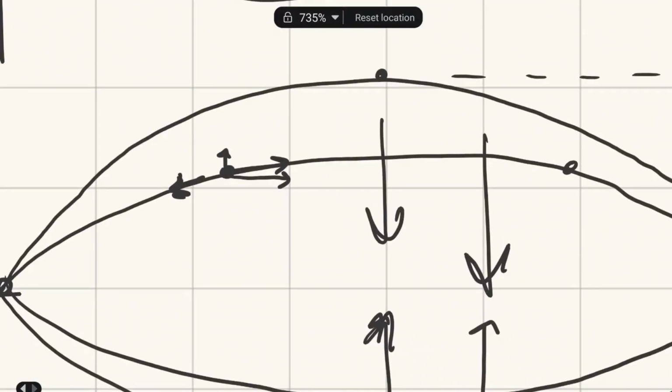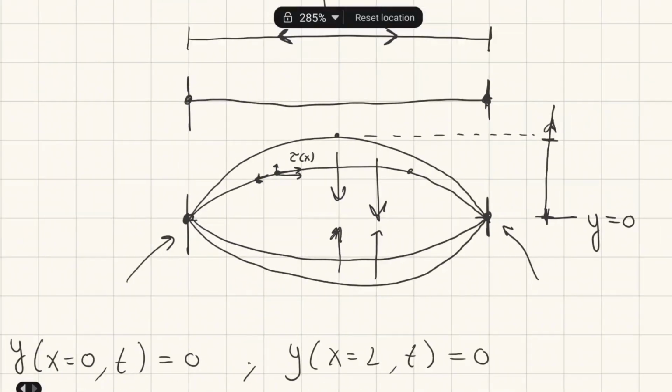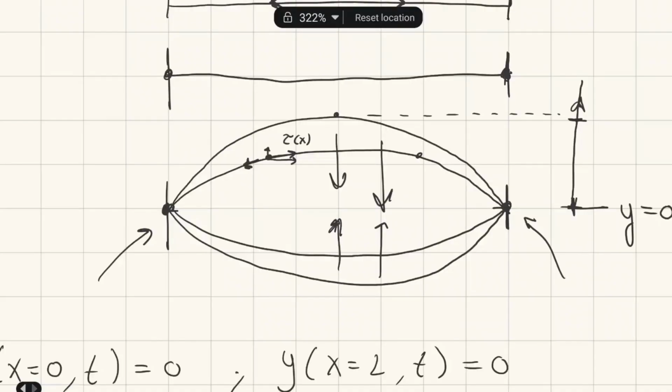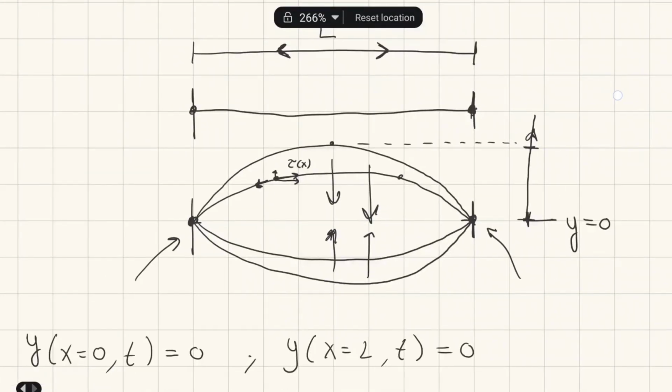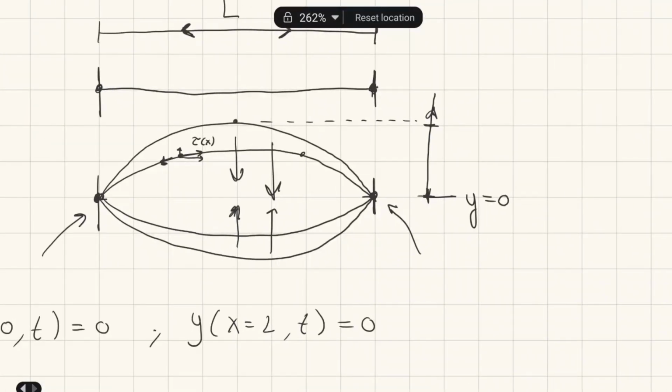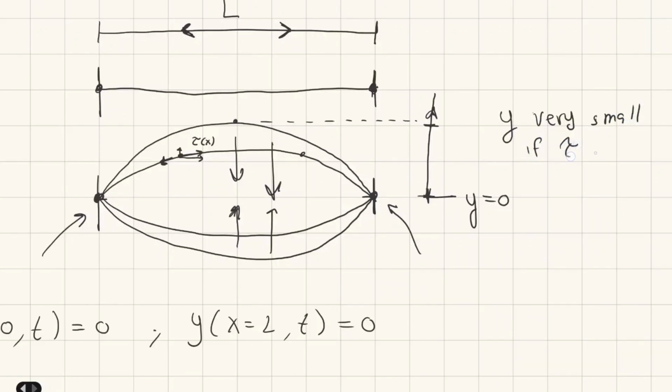So for example, we can name this strain as tau of x, which is a function of the position, right? So you need to think that if this strain is too strong, it will make the oscillations too small. I mean that this y will be very small if this tau is big.